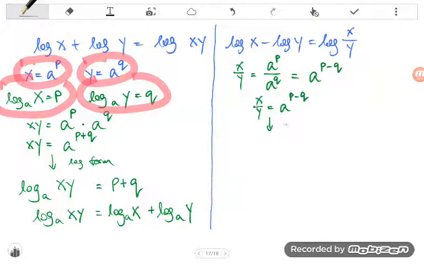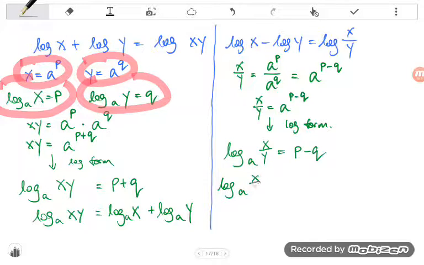And we're going to change this to log form. I will have log, my base is a, and here I'll have x over y, and my exponent would be p minus q. So the left hand side stays the same, and my p is over here.